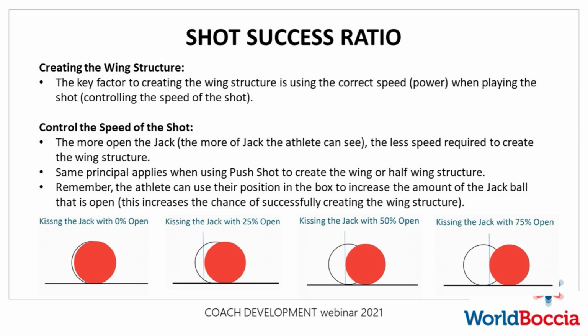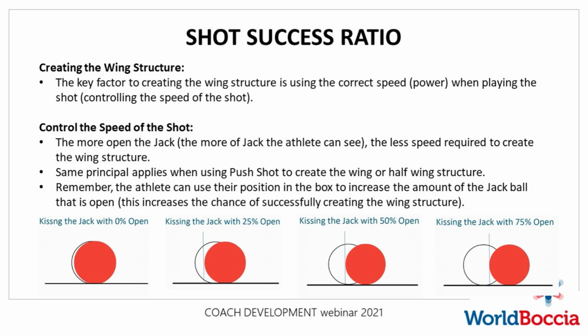If we're looking to push a super soft ball into a position, we're going to have to use a different amount of power than if we're looking to push a soft or a soft medium ball into position. We also need to be aware of whether we're using a soft medium ball, a hard ball, or a super hard ball to perform the shot, and that's going to influence how we control the speed of that shot.